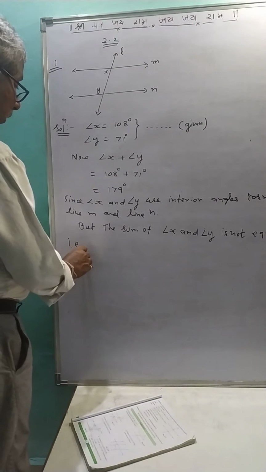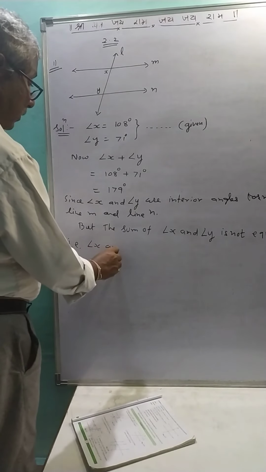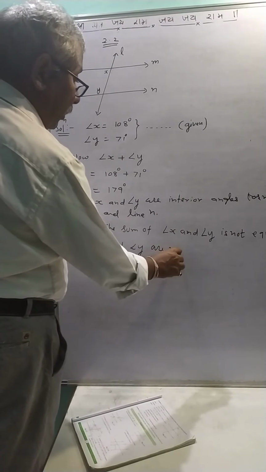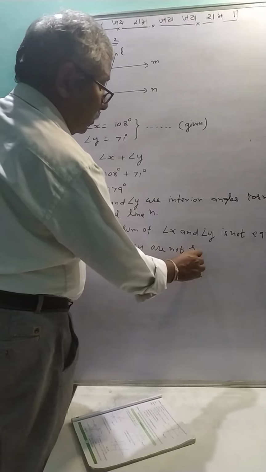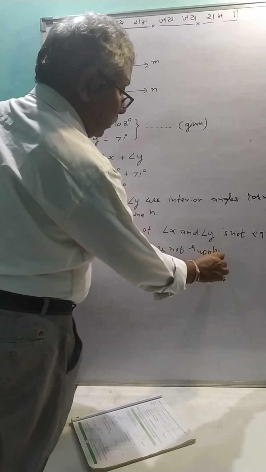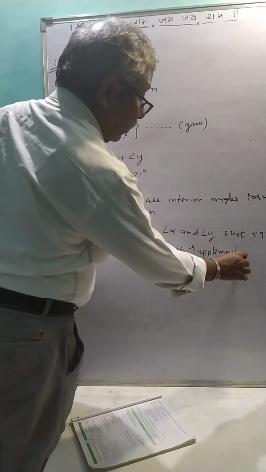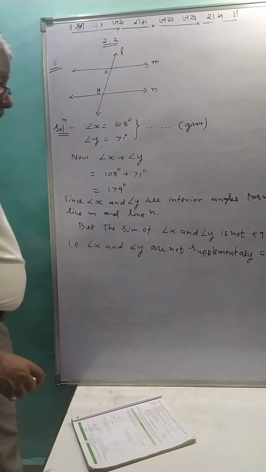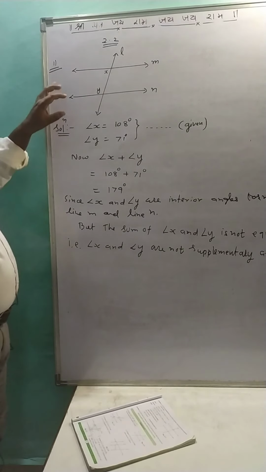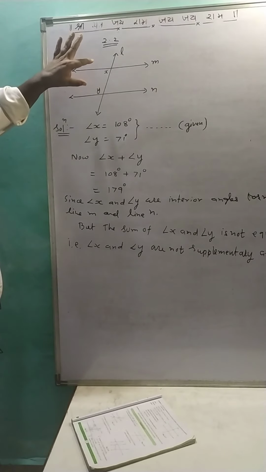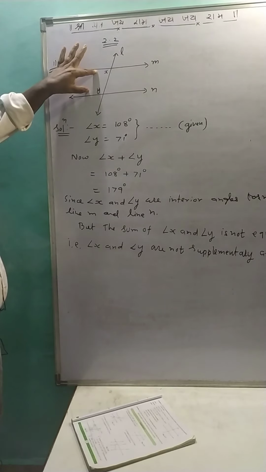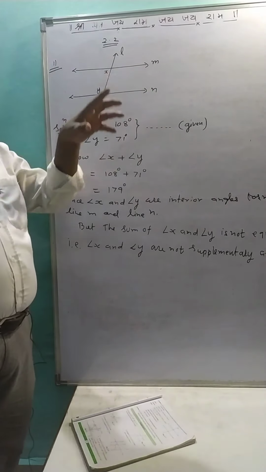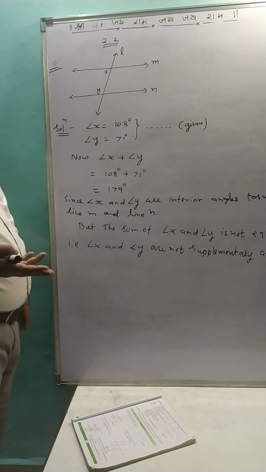That is, angle x and angle y are not supplementary angles. If these two are interior angles and if they are supplementary, then we can say M and N are parallel. But if it is not supplementary, then we can't.